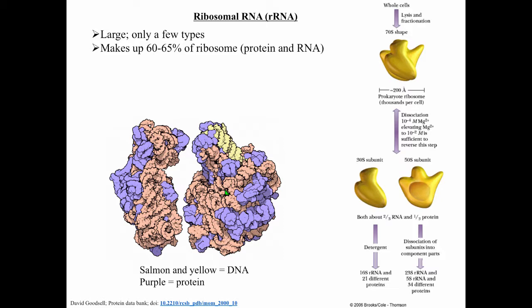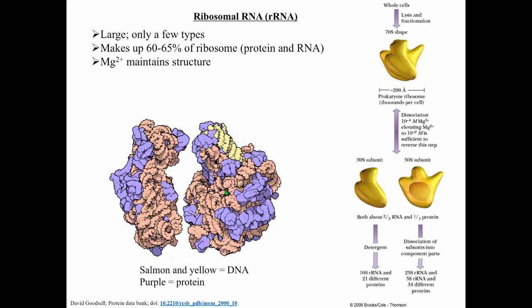So these are the two different subunits of the ribosome, and the salmon color, in yellow, represents RNA, and then the purple represents protein.